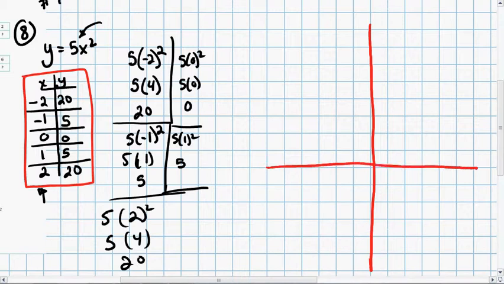And then I'll go ahead and plot those points. And maybe because my y's are going into the 20s, I'm going to go up by 5. So make this 5, 10, 15, 20. So this is a 10, and that's a 20.